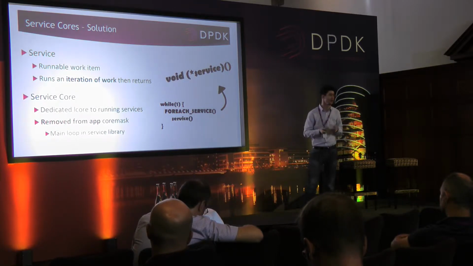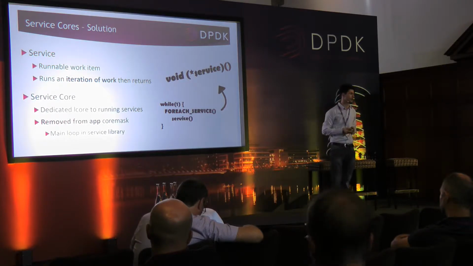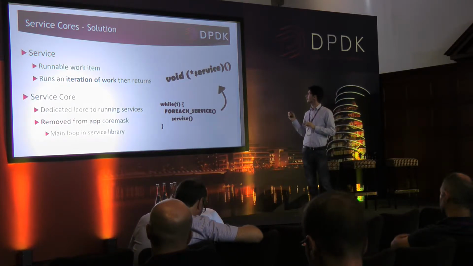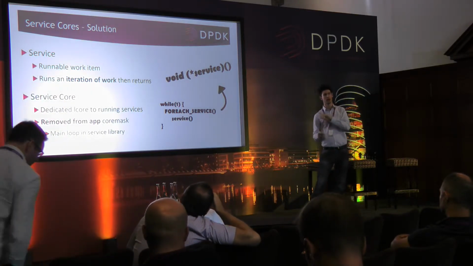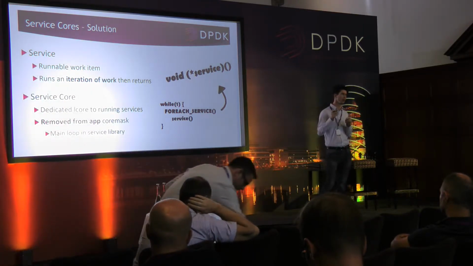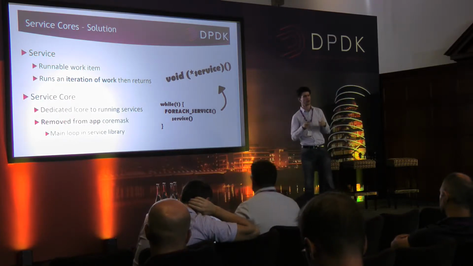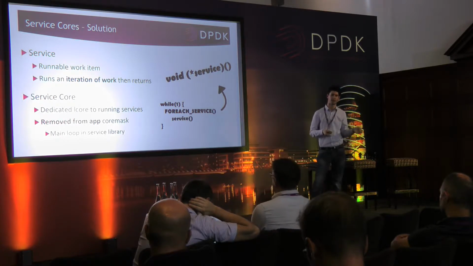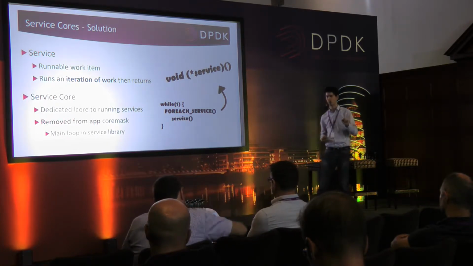In this case, functions are services in the library. So it's a while one for each service, just calling the service function pointer. An interesting thing to note here is that a service shouldn't be aware of which L core is calling it. It should be agnostic to whether it's called on L core 1, 2, 3, or 4. It shouldn't matter to the behavior of the function itself, because the idea is that we can actually migrate these services between cores. More on that later too.